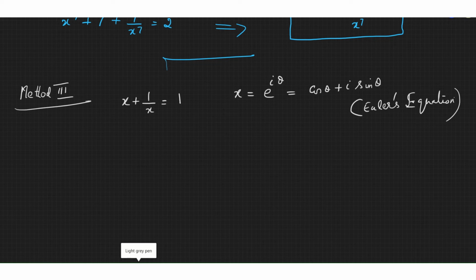So if x is cosine theta plus i sine theta, your 1 over x will be e to the negative i theta, and that is cosine theta minus i sine theta. This is due to De Moivre.